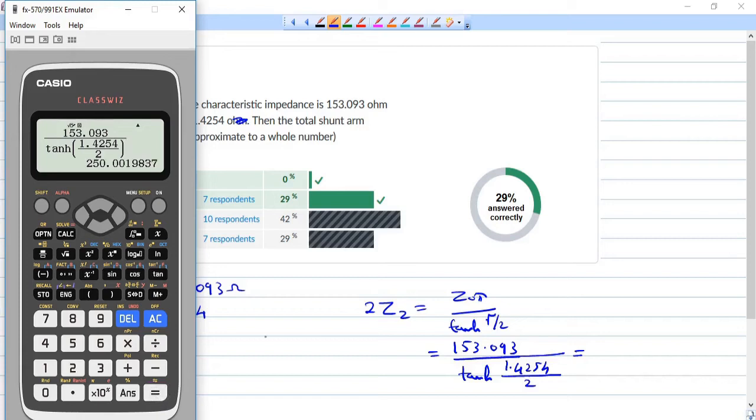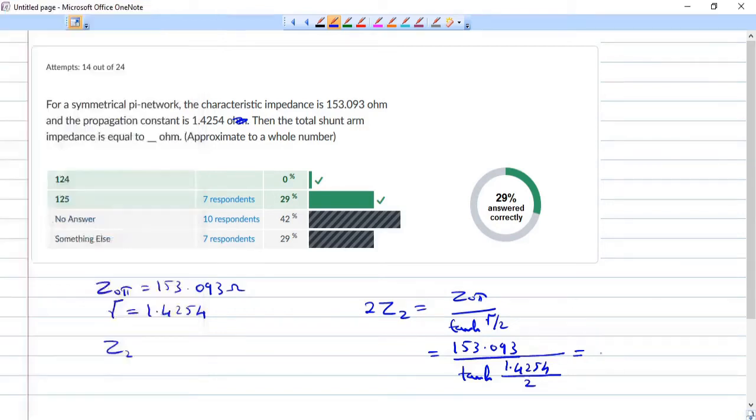So that is equal to 250 ohm. So 2Z2 is 250 ohm. Therefore Z2 is equal to 250 divided by 2, that is equal to 125 ohm. So that is the correct answer for this question.